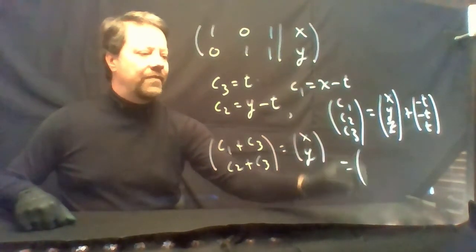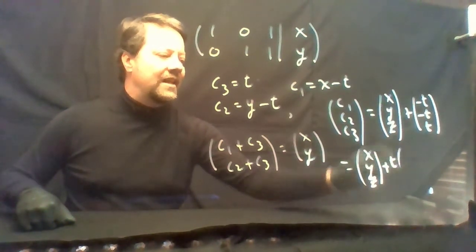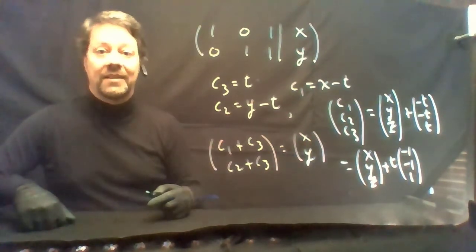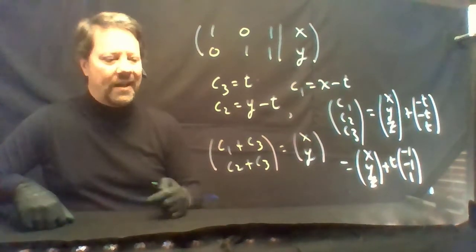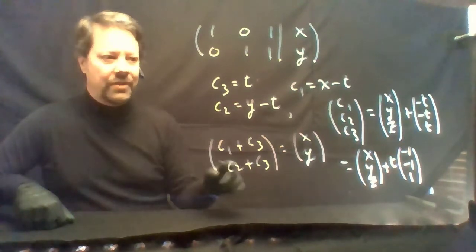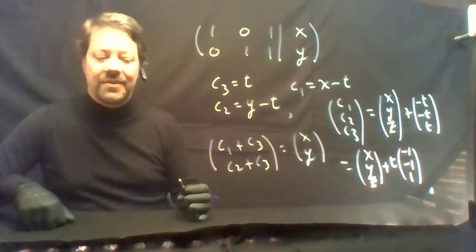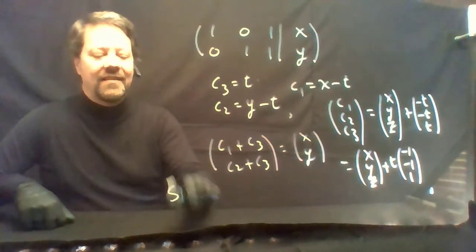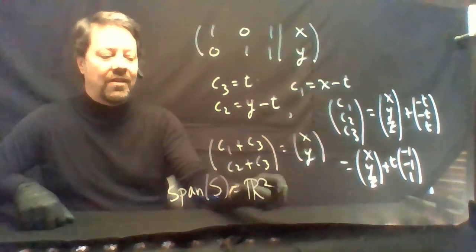So anything of the form (x, y, 0) plus t times (minus 1, minus 1, 1) will give you adequate coefficients to construct some arbitrary vector (x, y) in R2. We get existence. It's not a unique solution for C1, C2, and C3. We get infinitely many solutions, but it's still consistent, and that means the span of this set is all of R2.